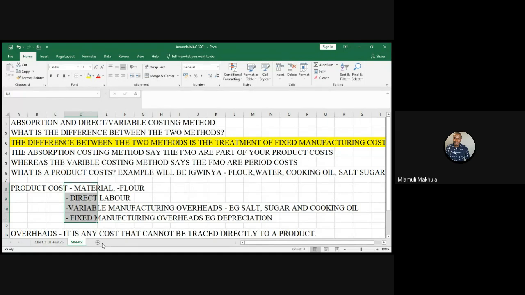Yes, it's IAS 16. You might be disclosing your investment property. You must comply with IAS 40. My point being, Amanda, when we use the absorption costing method in management accounting, we will be in compliance with IAS 2 of your IFRS. Why? Because IFRS says when you value inventory, you must include these four costs.